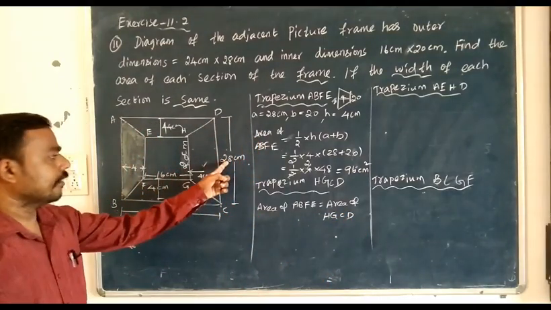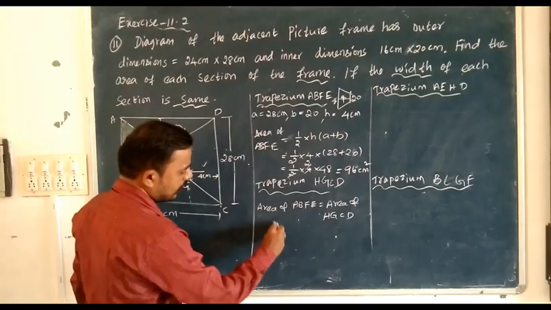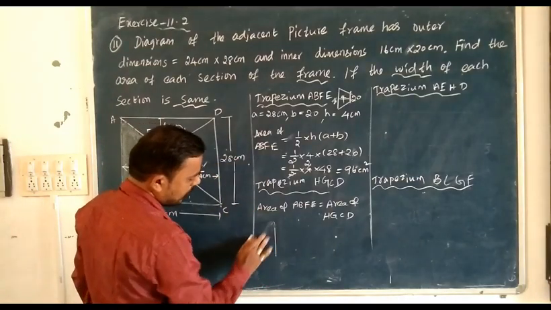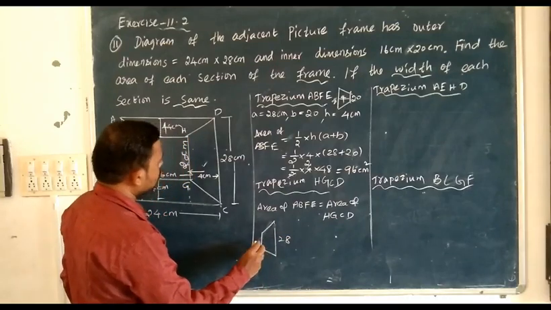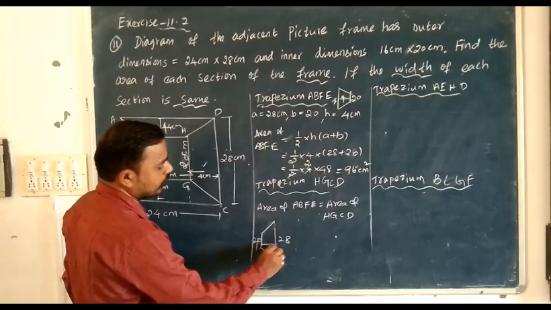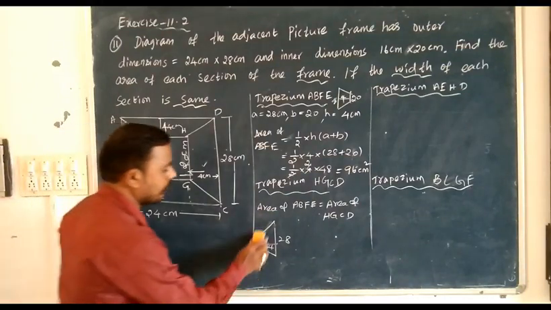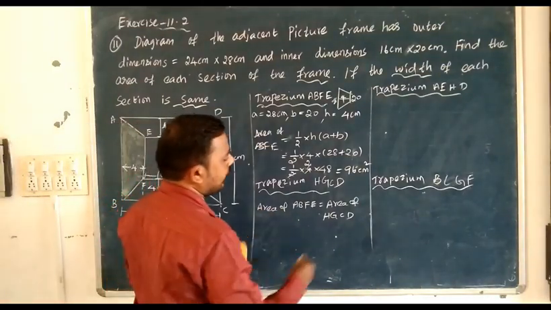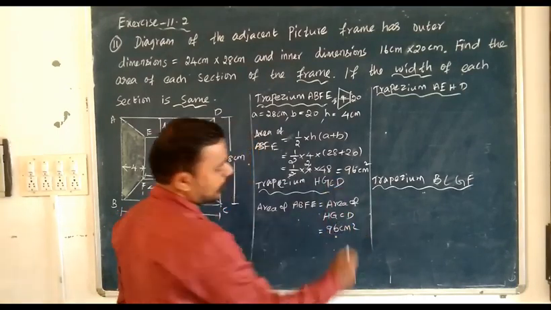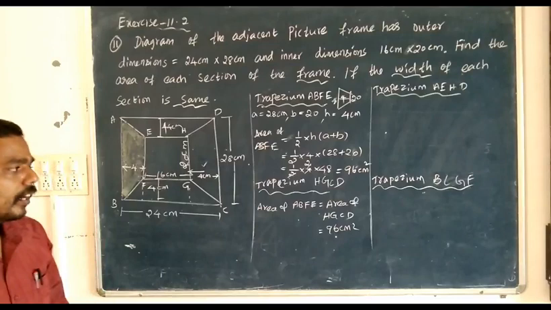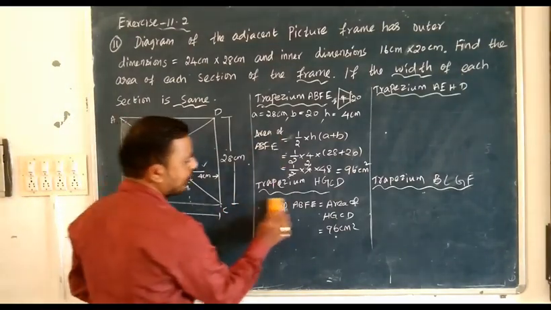Same A value, 28 in this picture, and this value 20, the same data. So definitely both are equal. So area of ABFE equals 96 centimeters square. So this is also the second answer.